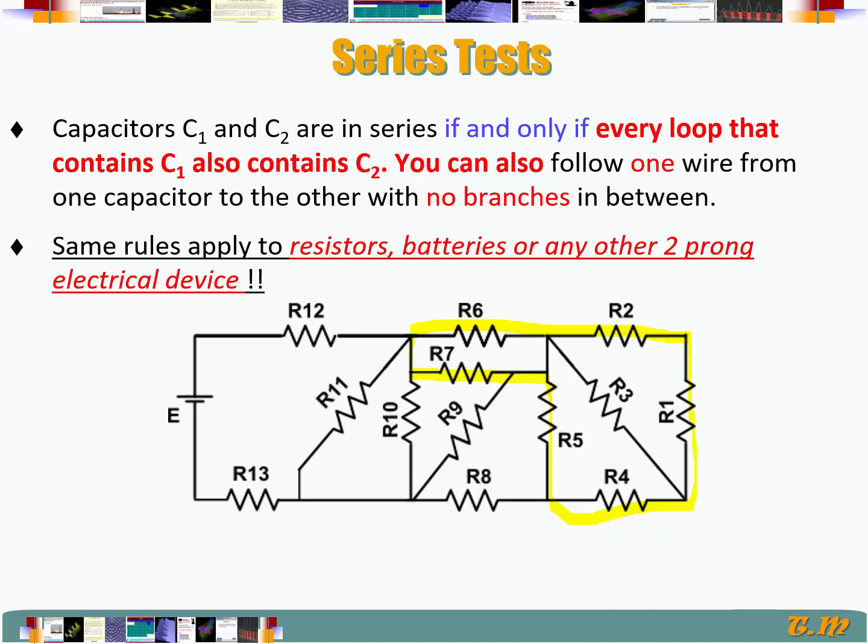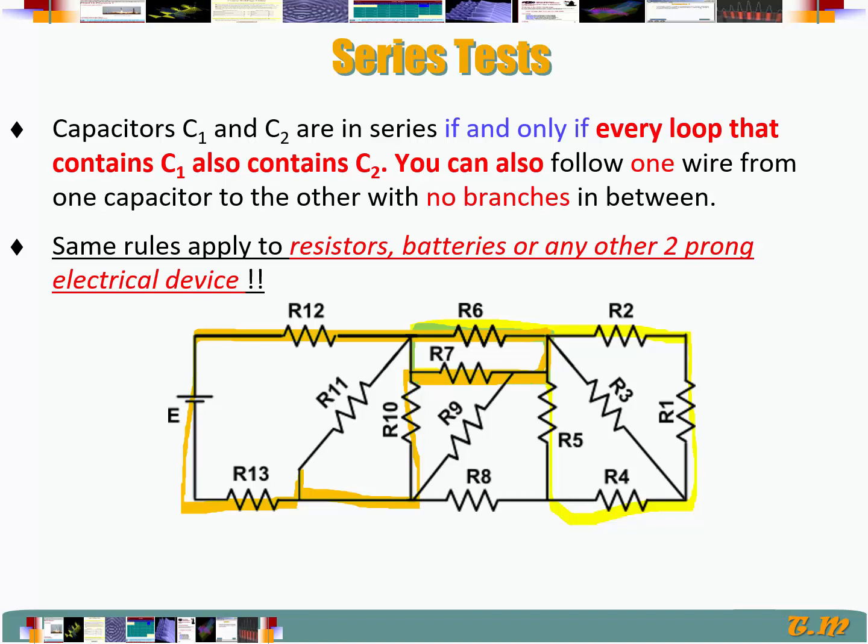For example, this is also a loop that includes R6. Let's do a third one. This is a loop that includes R6. Okay. These are examples of loops that include R6.